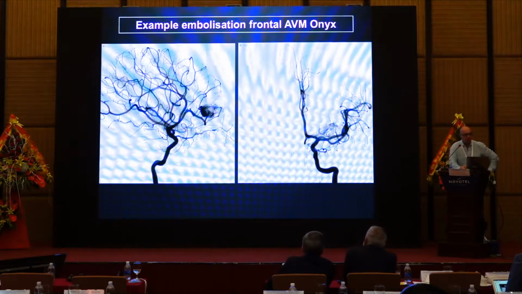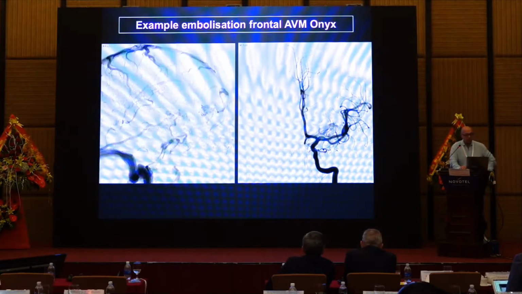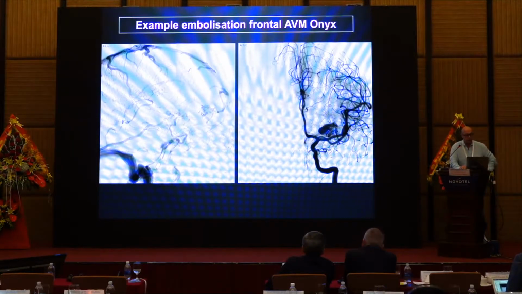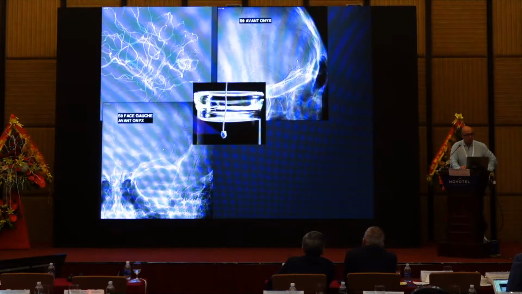This is an example of AVM treated with Onyx. It's a frontal AVM in a non-eloquent area. This is the angio before the treatment. And this is with selective catheterism of the artery of the AVM.